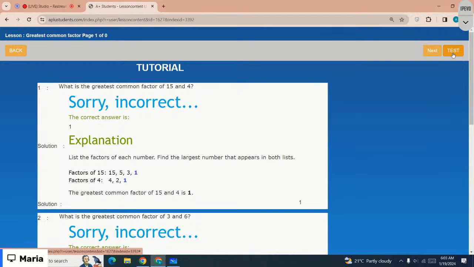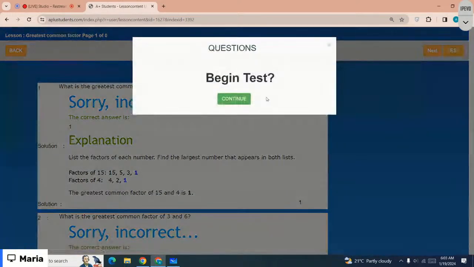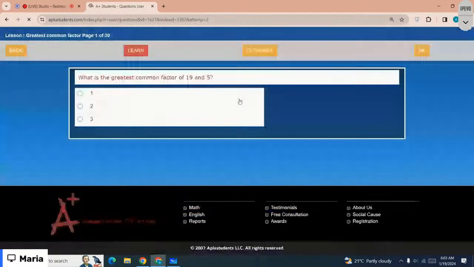Okay, let's start with the test questions. What is the greatest common factor of 19 and 5? Just look at the numbers. 19 is a prime number, and 5 is also a prime number. That means they have only two factors, one and the number itself.